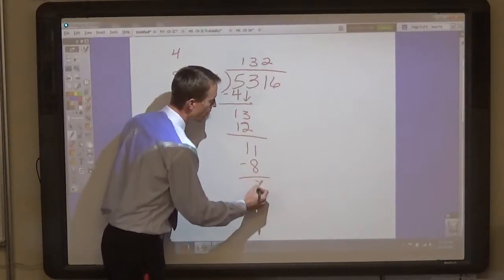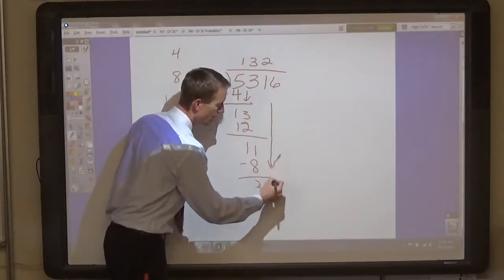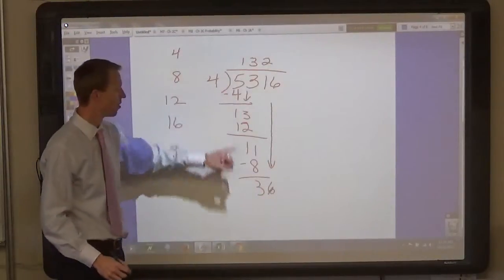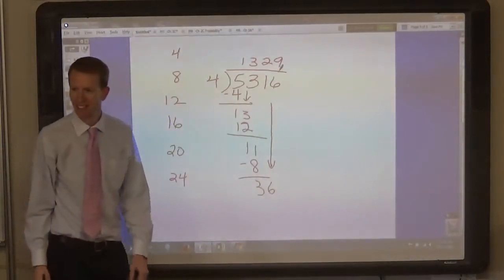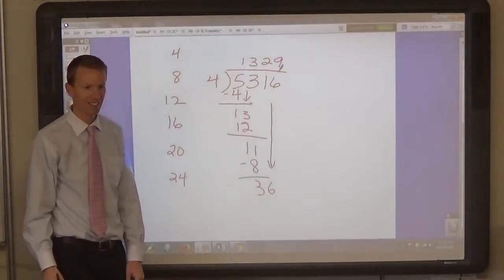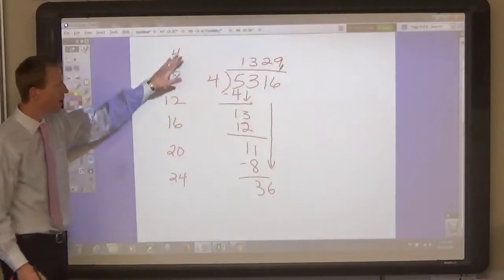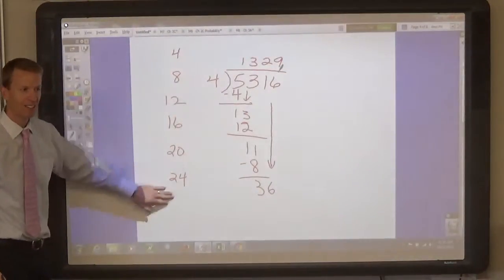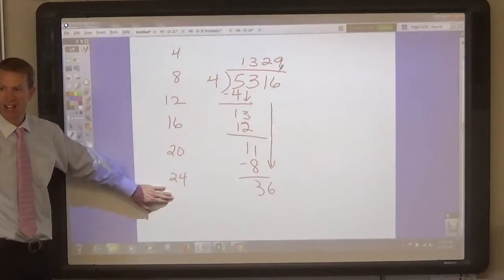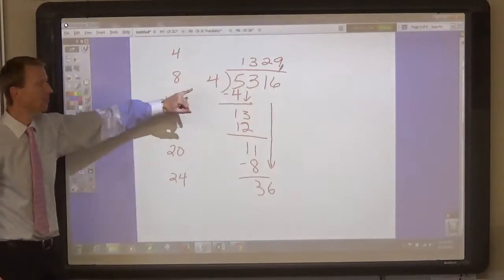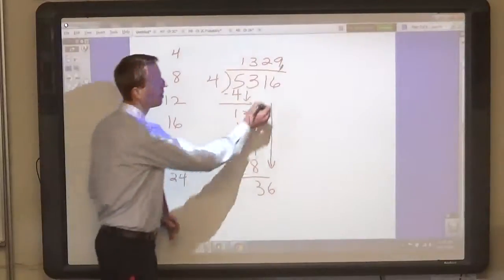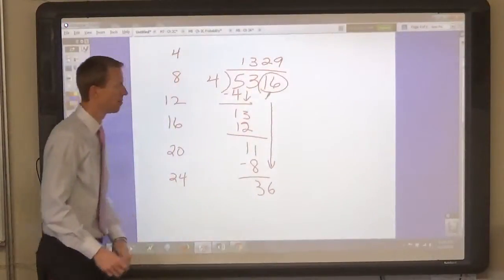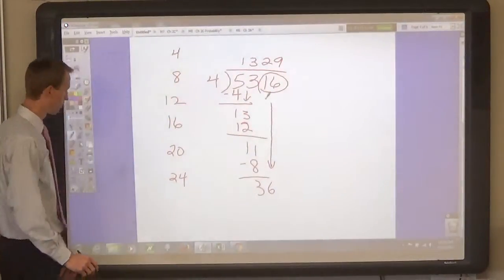Remainder 3. Bring down the 6. 4 goes into 36 nine times. So if you know the multiples of 4, you can check to see if any number is divisible by 4 just by looking at the last two digits.